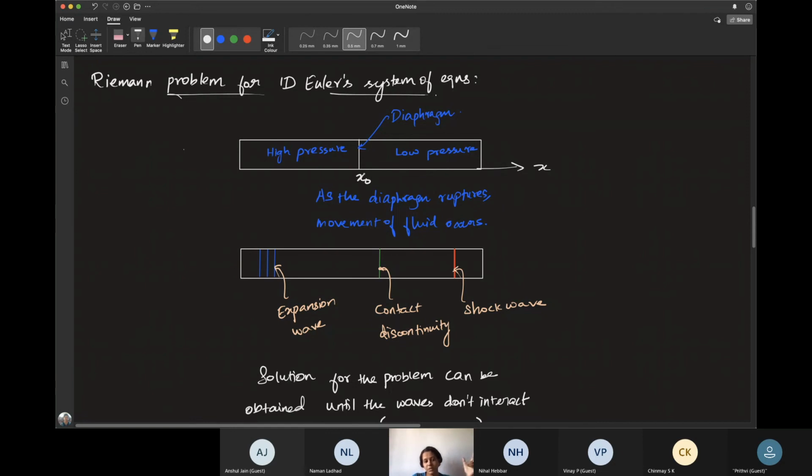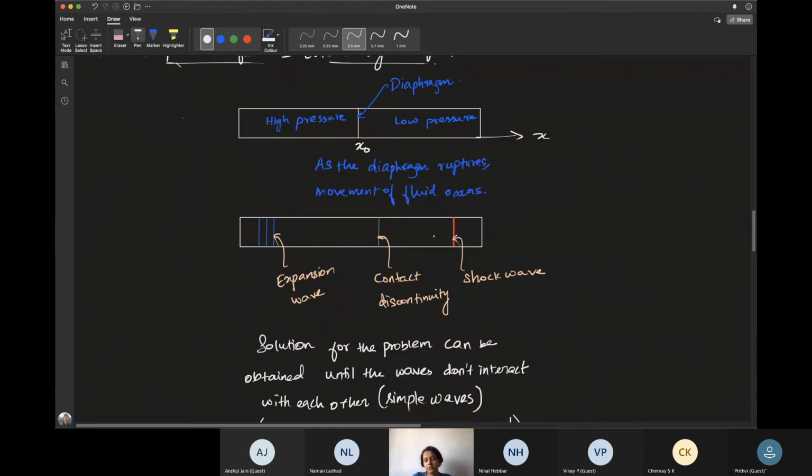And as the diaphragm ruptures, the fluid will start moving from left to right. Because we have high pressure on one side and low pressure on the other side, there is a possibility for the occurrence of shock and expansion waves.